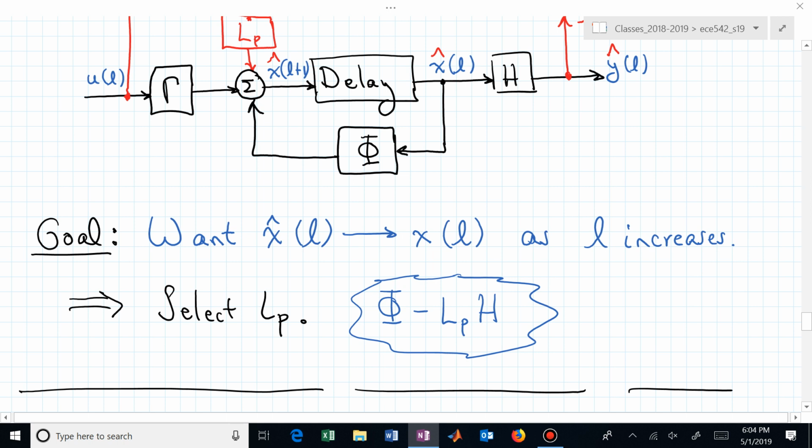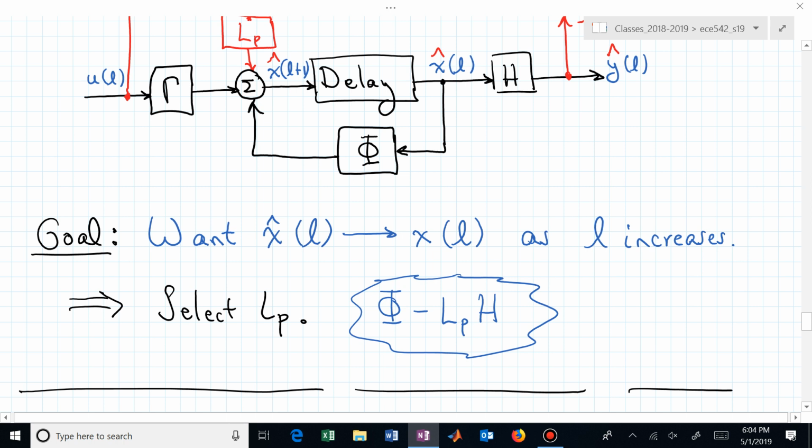As you go further on into control, you would say, oh, this looks like a dual problem. If you transposed that equation, you would have phi transpose minus H transpose L sub p transpose. And now L sub p transpose looks like the K in our phi minus gamma K.